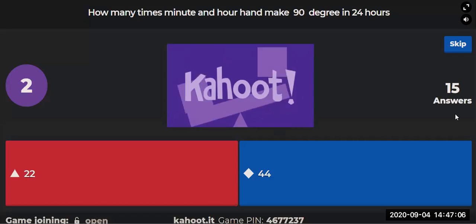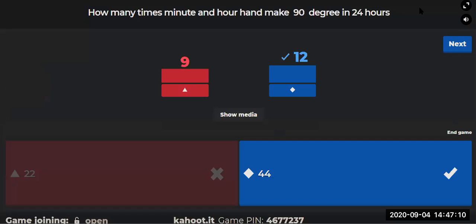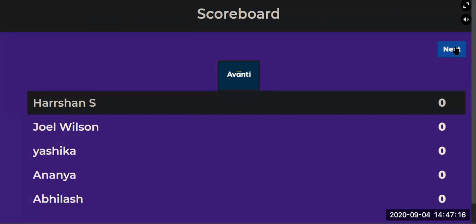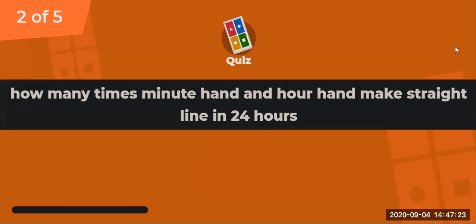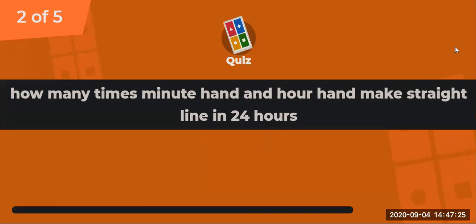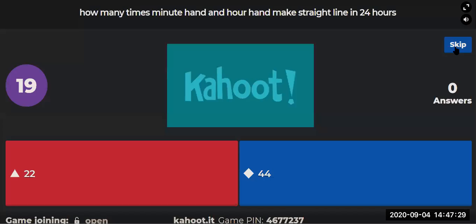3 seconds left. Next, how many times do the minute hand and hour hand make... These are very easy problems. Think about this.